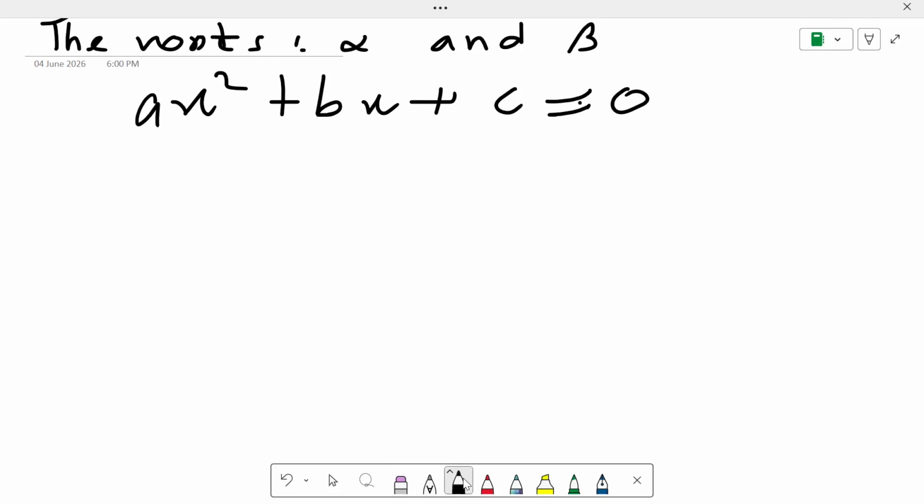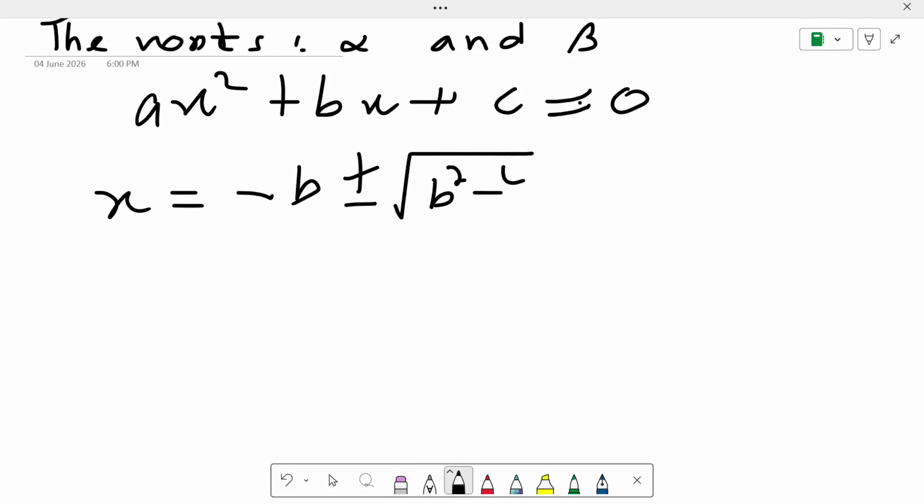And from that, we can get the value of x to be equal to negative b plus or minus... So this is the value of x, and that is in two folds.